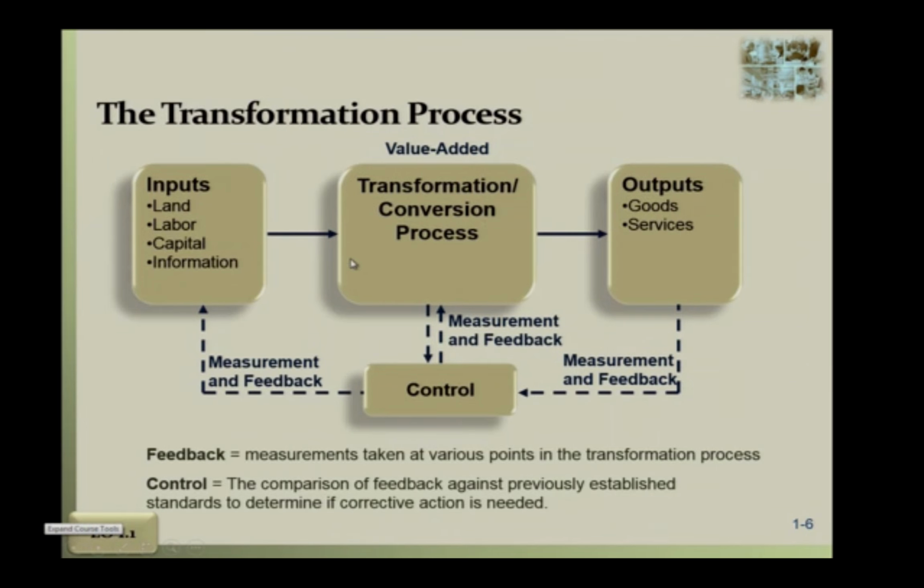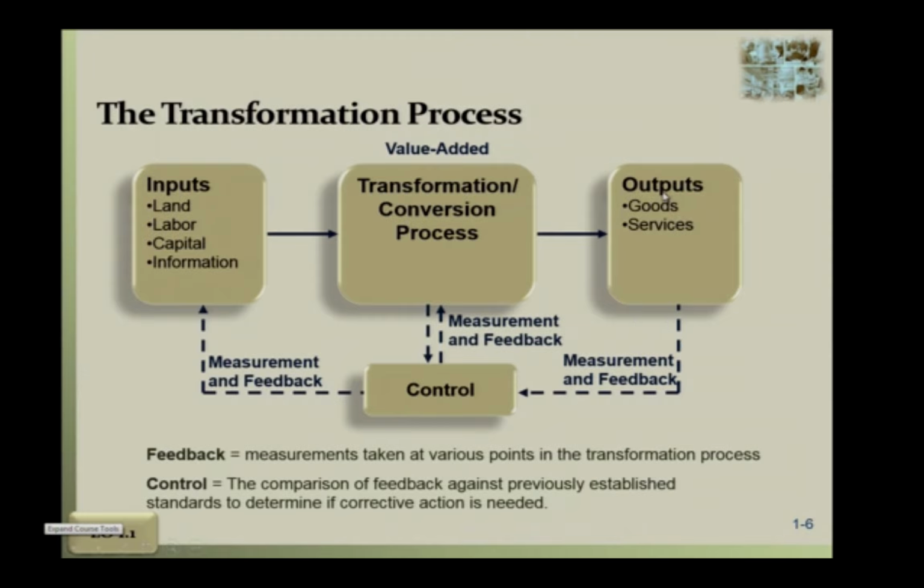This is a transformation process, or value-added process, that has inputs like land, labor, capital, information, and we go through value-added transformation. That could be assembly of automobiles and computers. It could be making of food in the kitchen of a restaurant.